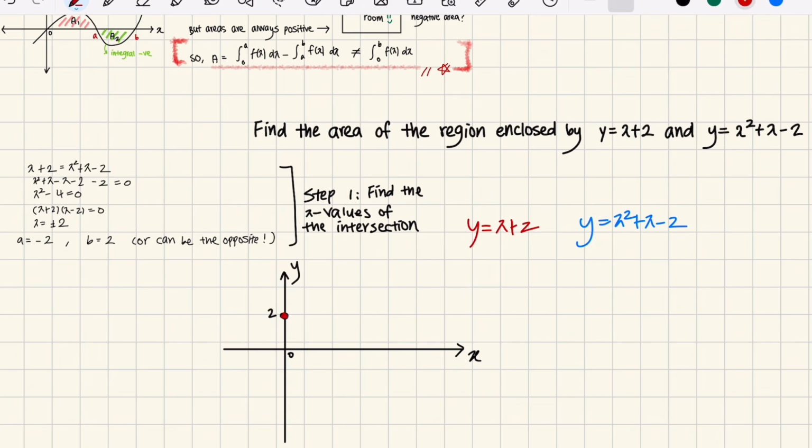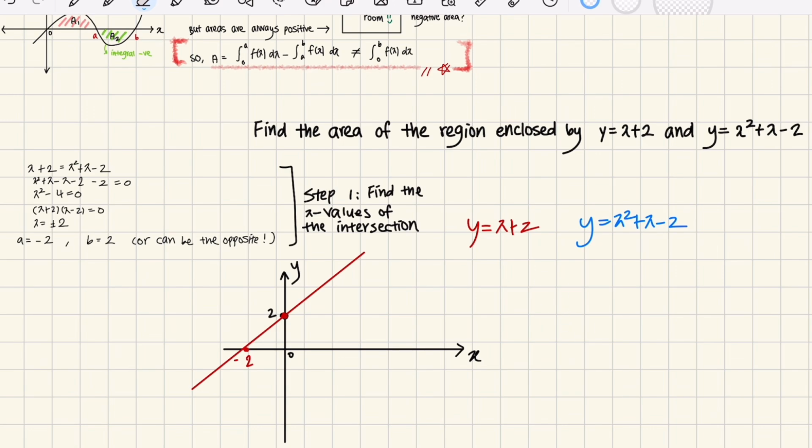We also know that when y equals 0, x is -2. We know that this graph goes through these two points, so we just connect them.